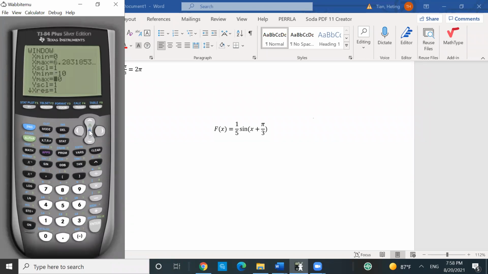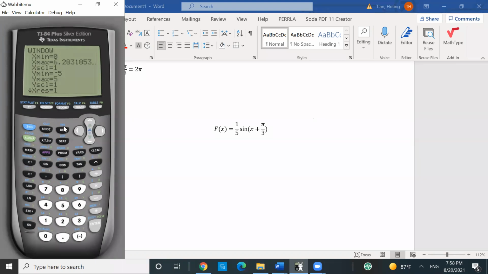The y values, I can make not that big because the amplitude for sine x is only 1. So I can try 5, delete the 0, and this one is 5.